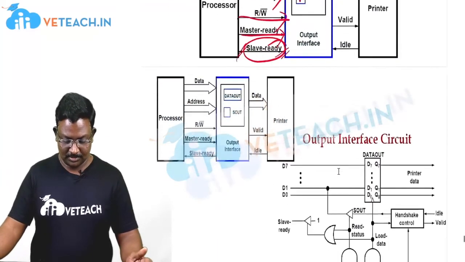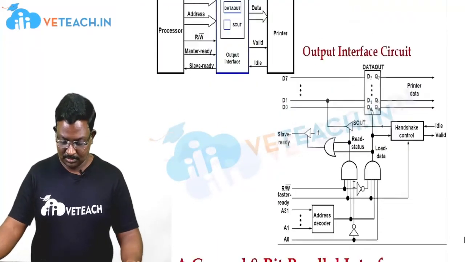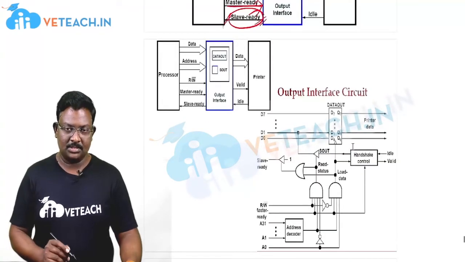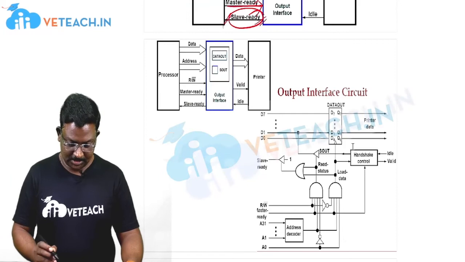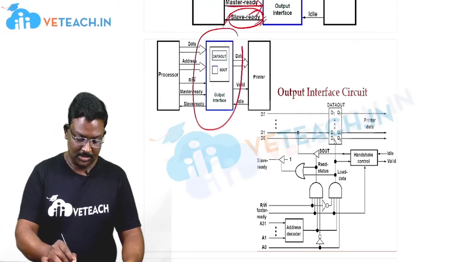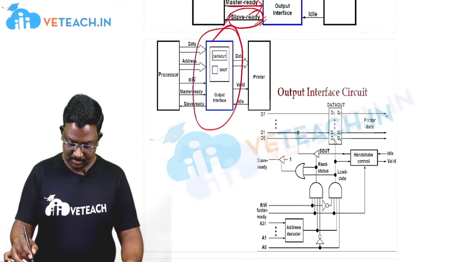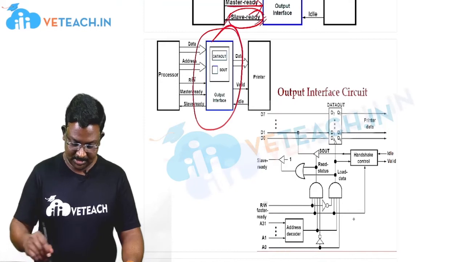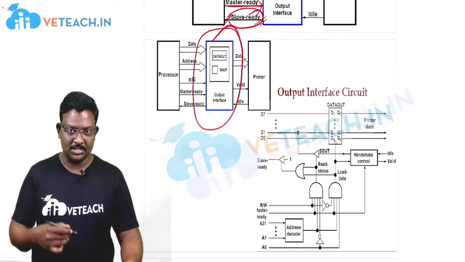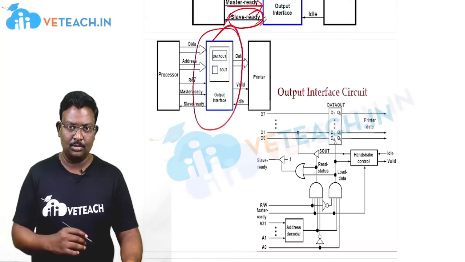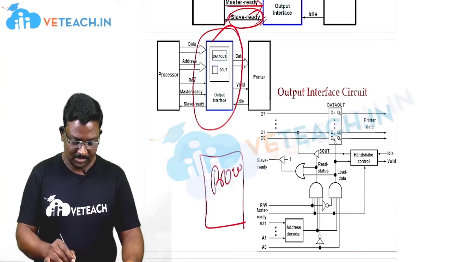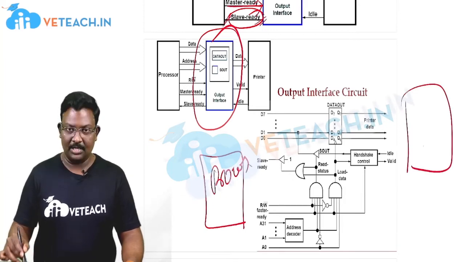For this also we are going to see the interface circuit, which is represented in this format. Here the same output interface circuit is being given. As we have discussed while transferring information from keyboard to processor, here also the processor is present and here we have the printer.